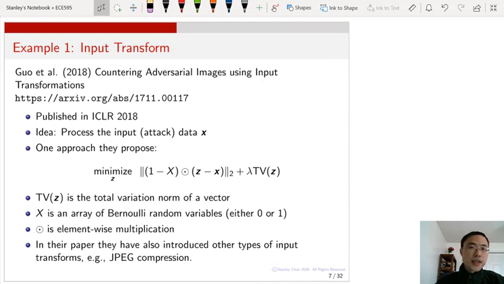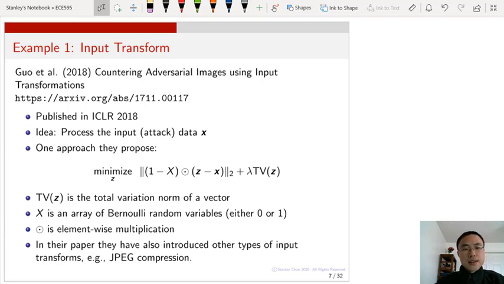Let me give you a few examples of this pre-processing idea. The first idea is called the input transform, introduced by Guo et al. in 2018. And this title is called Countering Adversarial Images Using Input Transformations. It was published in ICLR in 2018, and you can find the arXiv paper in this link.